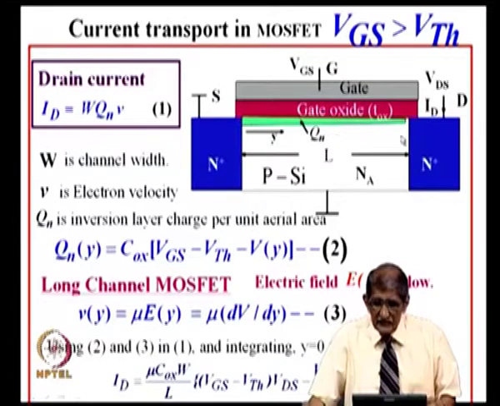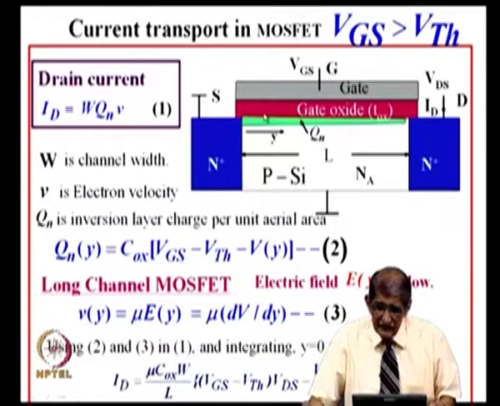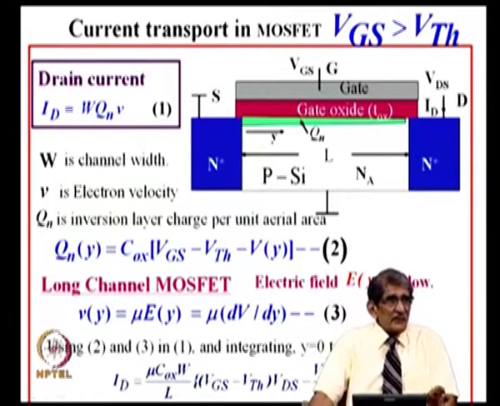The voltage drop across the channel is VGS minus V threshold. What is the voltage drop across the gate and the channel at that point? V threshold itself, because out of that VGS, VGS minus V threshold is there. So, subtract that, you get this voltage V threshold. That means the channel is just about to be formed there. If I apply more voltage, there is no channel there, but there is a depletion layer.